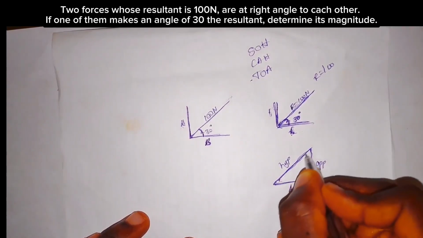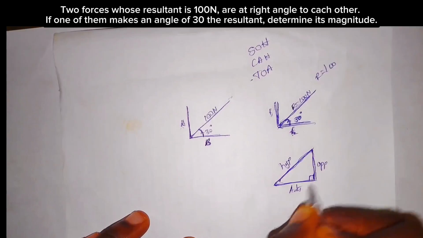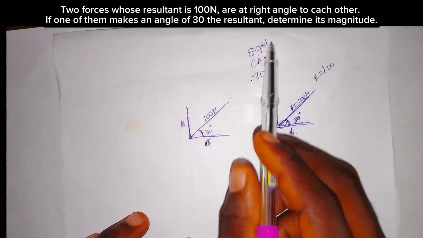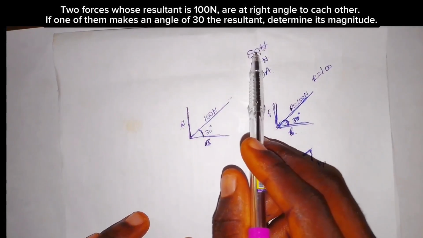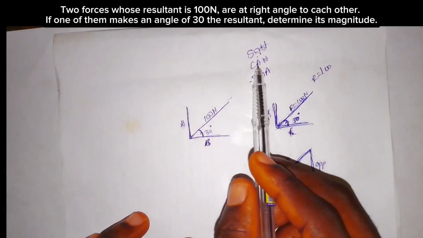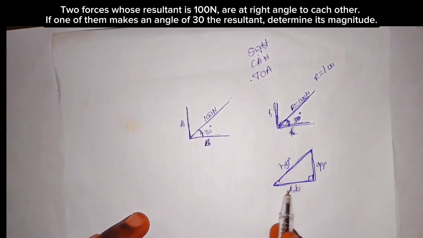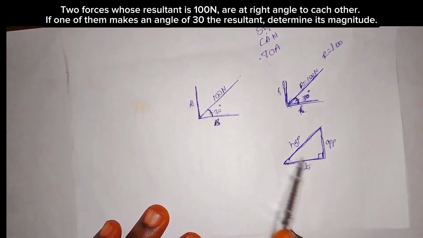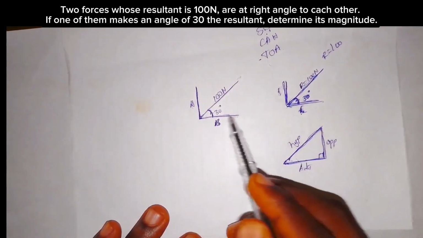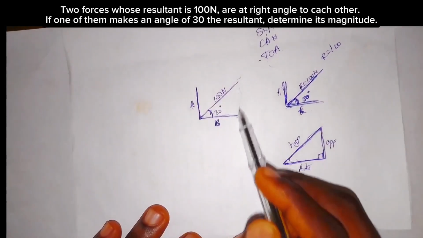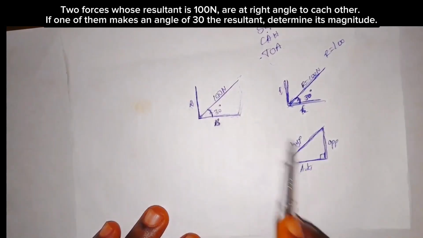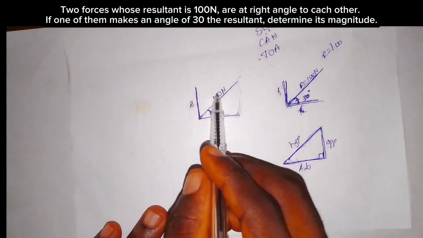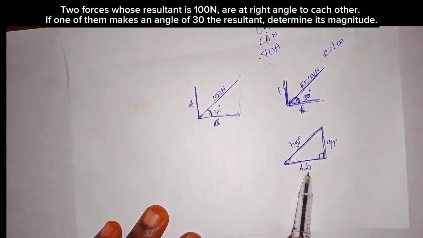H stands for hypotenuse, O stands for opposite, A stands for adjacent. So now looking at this diagram, that will tell you that our hypotenuse is our resultant, then our adjacent is our B.